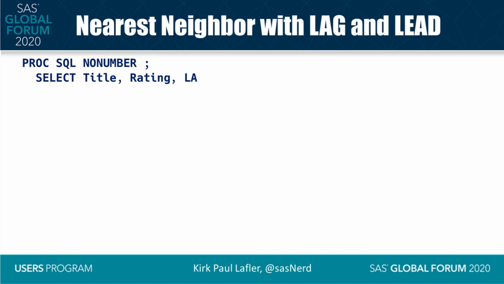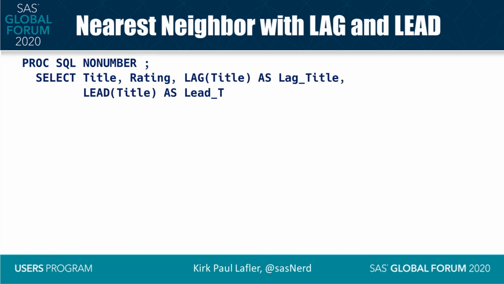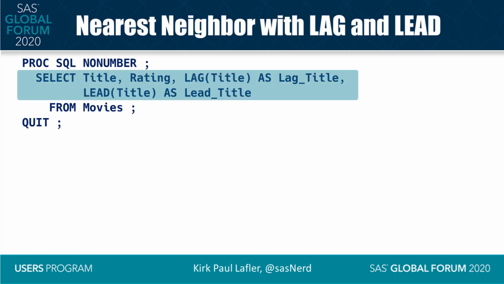I'm just showing you now what happens when I try to use the lead and the lag functions within PROC SQL. Here's code here. I'm going to dynamically create a lag title and a lead title. When I run this, I'm going to get an error.